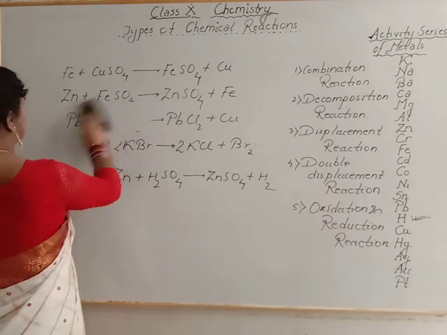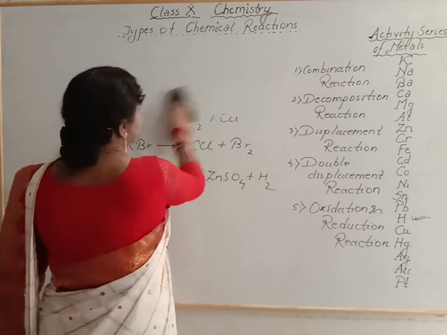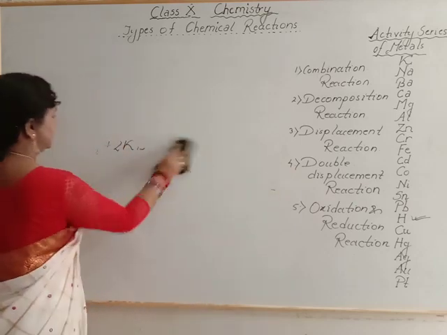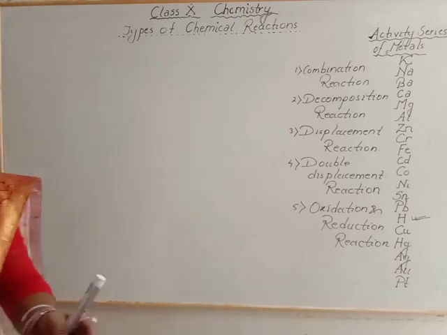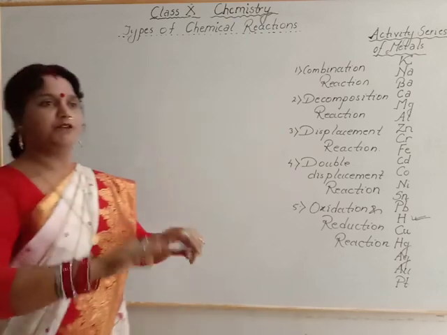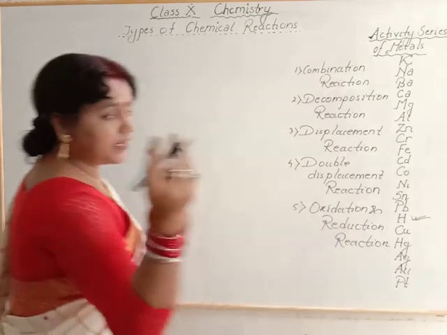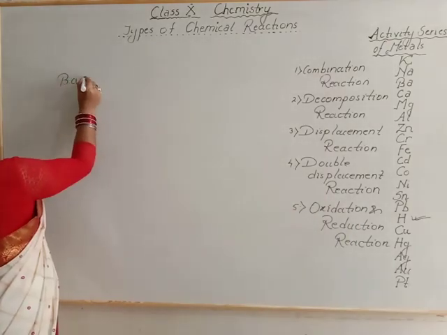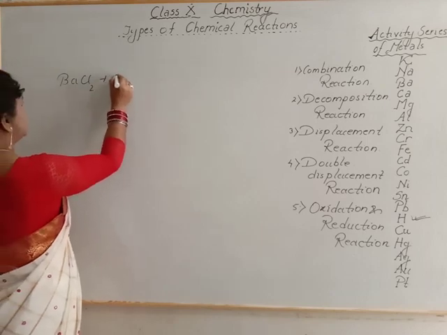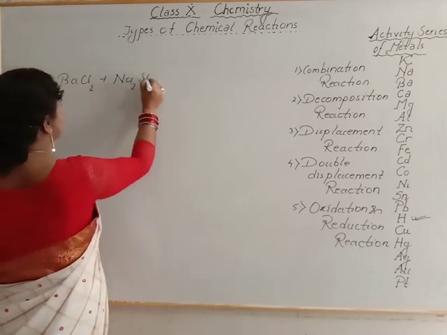Now come to our fourth chemical reaction. What is that? Double displacement reaction. Now in this what happens? There is only exchange of ions. See, case of double displacement reaction: BaCl2, barium chloride plus sodium sulfate, Na2SO4.